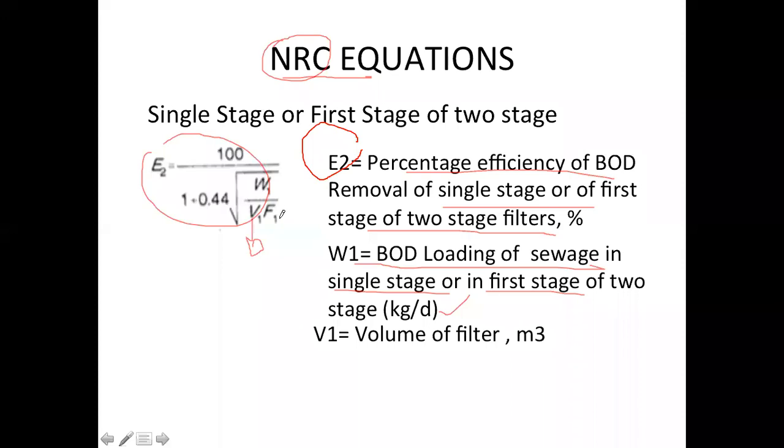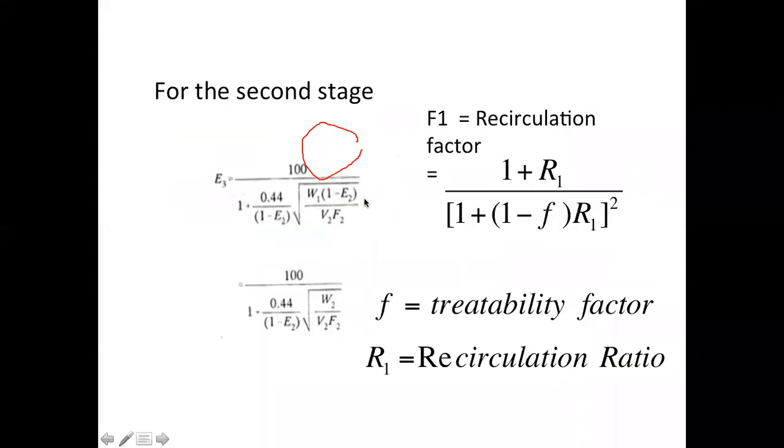And what is F1? F1 is called the recirculation factor, which is calculated using this equation: 1 plus R1 divided by (1 plus (1 minus F) R1) whole square. Here again, F is called the treatability factor, which is taken as 0.9 or 0.8 for domestic wastewater.